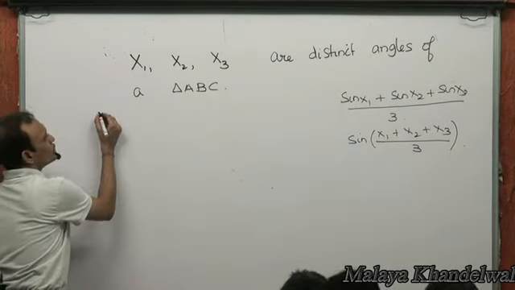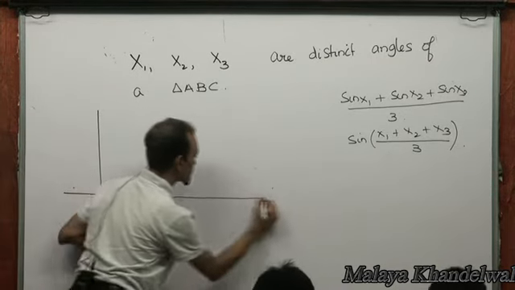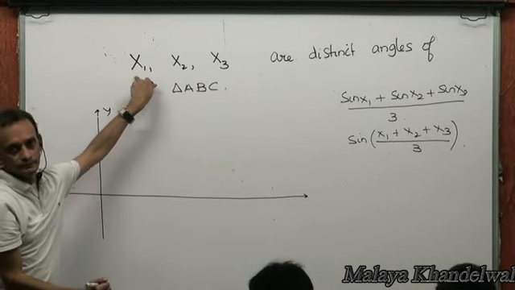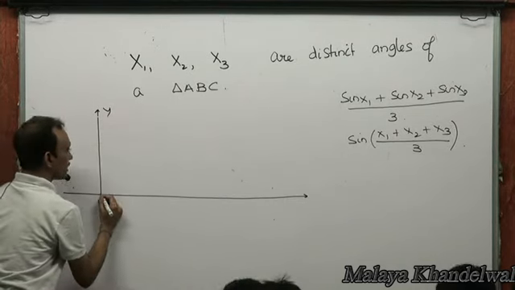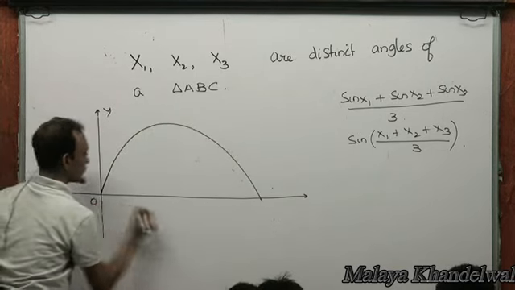Now, the graph of y equal to sin x, of course all these x's will lie in the interval 0 to pi, right? Let me draw the graph of y equal to sin x in the interval 0 to pi.